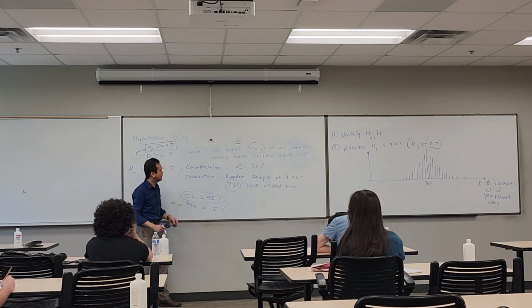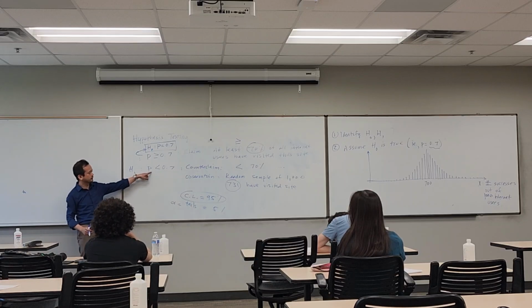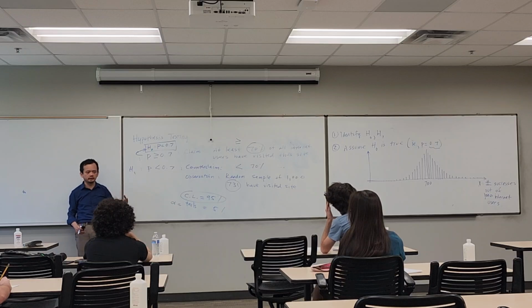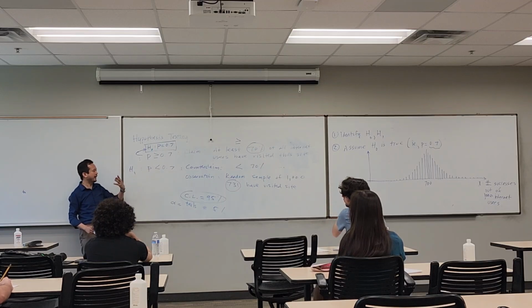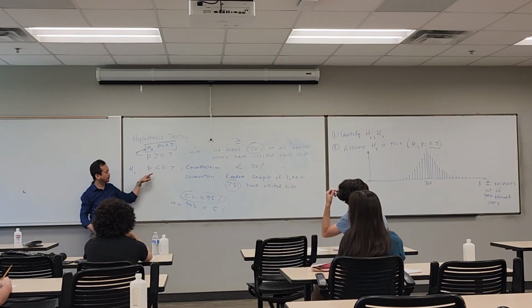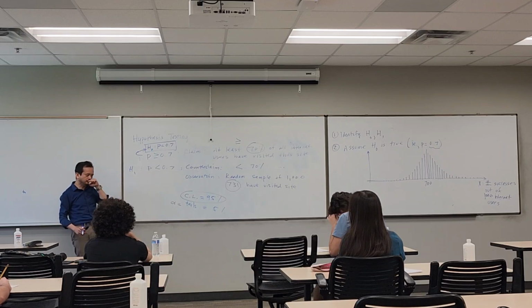We always look at H1, from step one of hypothesis testing, and then look at the number of inequalities involved in H1. The number of inequalities here is only one, so this is a one-tail test versus a two-tail test. Had it been P is less than 0.5 or P is greater than 0.5, that would have been a two-tail test. But here, as it stands, this is a one-tail test.